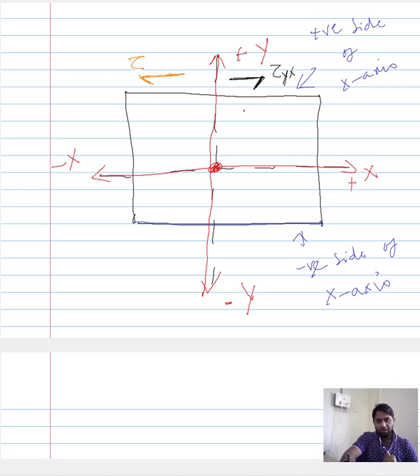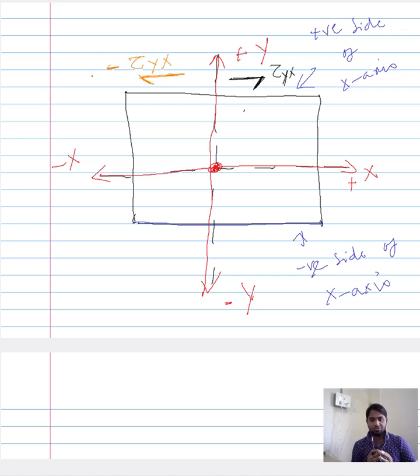Again, when we write it in this manner, because it is acting along the y plane and in the x direction, but now it is acting along the negative x direction, by convention this would be a negative shear stress.